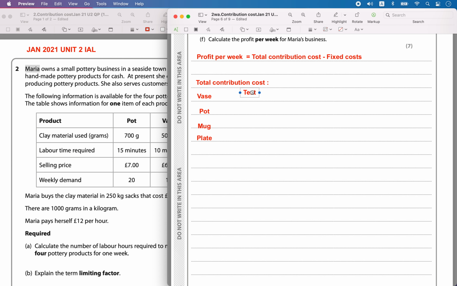For each, the quantity produced and the contribution per unit will give the total contribution.